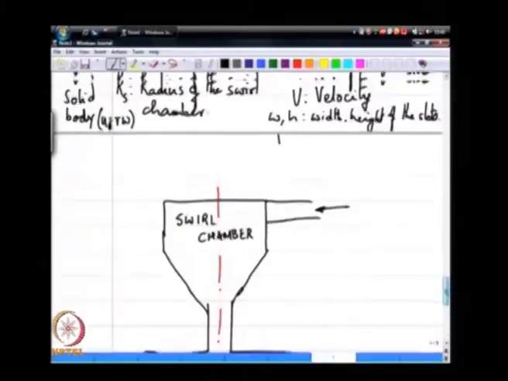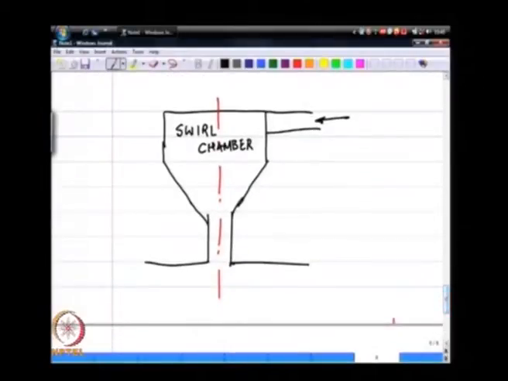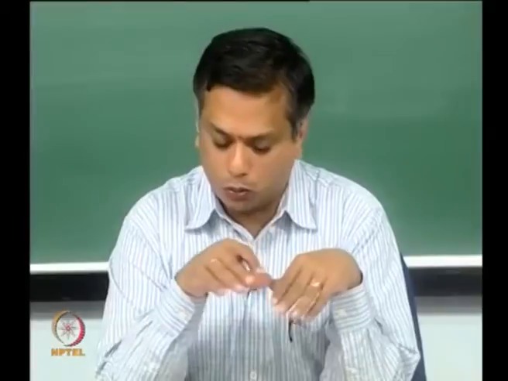So, if I were to draw a control volume around this part, and do an angular momentum balance on this, because we are looking at an inviscid flow, the walls are not exerting any kind of a torque on the fluid.